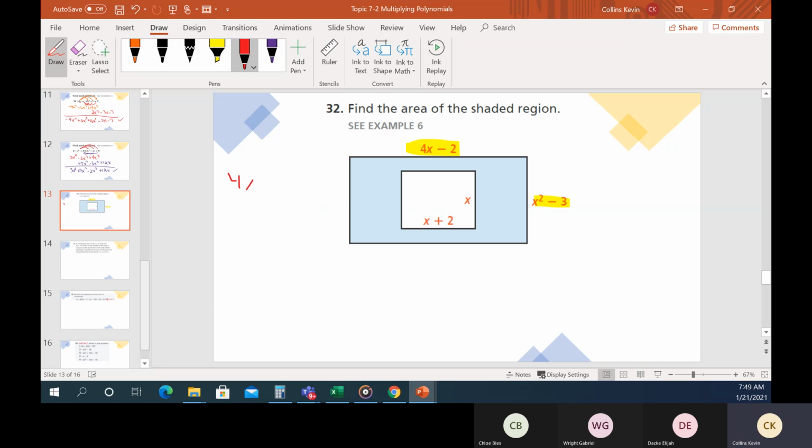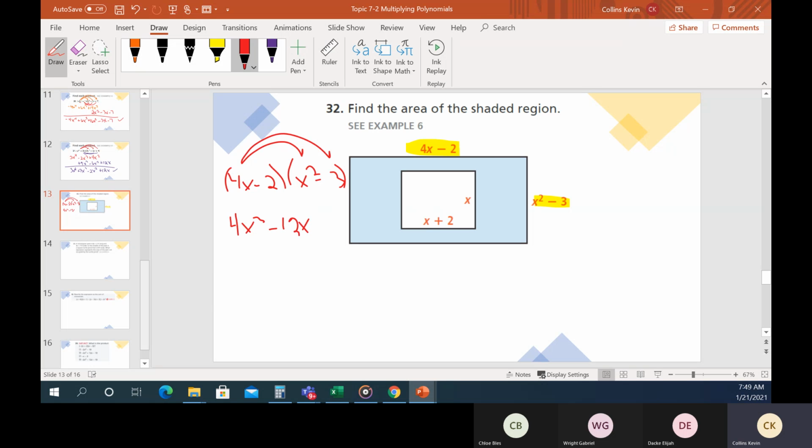So I've got 4x minus 2, and then x squared minus 3. All right, so we'll FOIL this guy out. So that's going to be 4x to the 3rd. And I'm going to do this guy. And he's going to be 4 times 3, that's negative 3, so it's a negative 12.